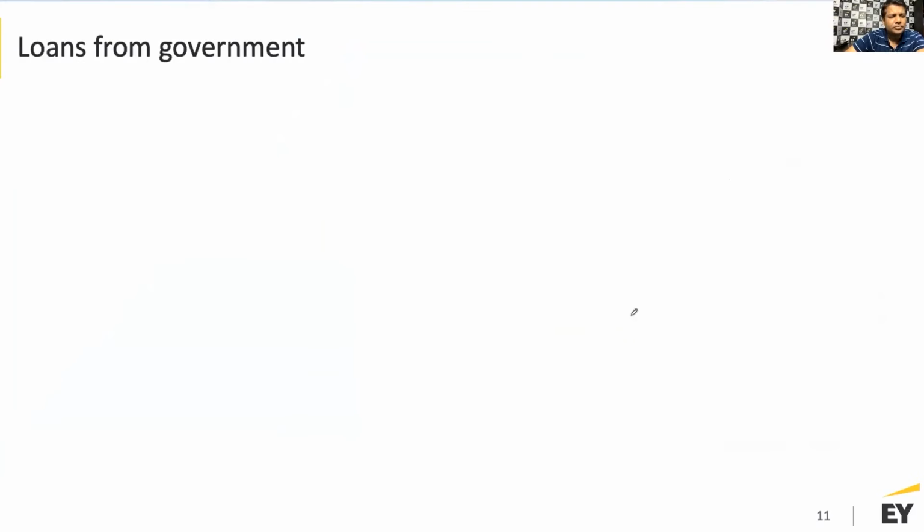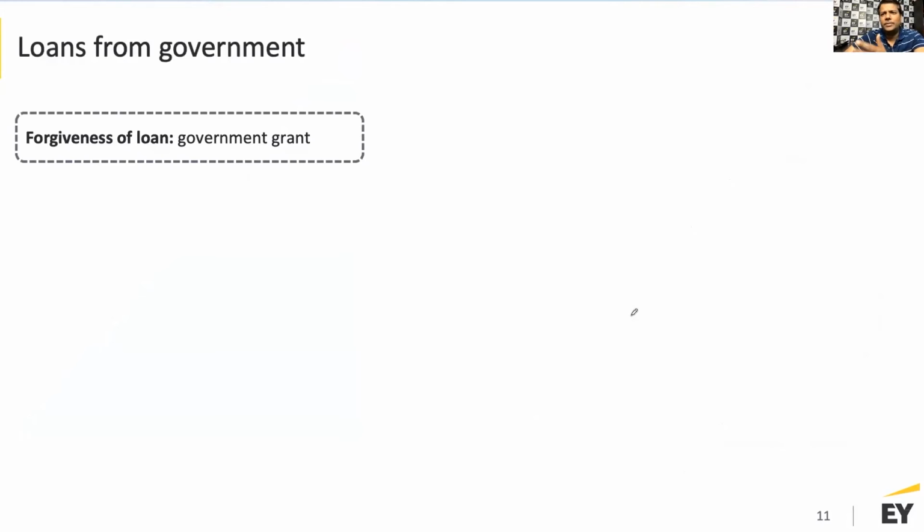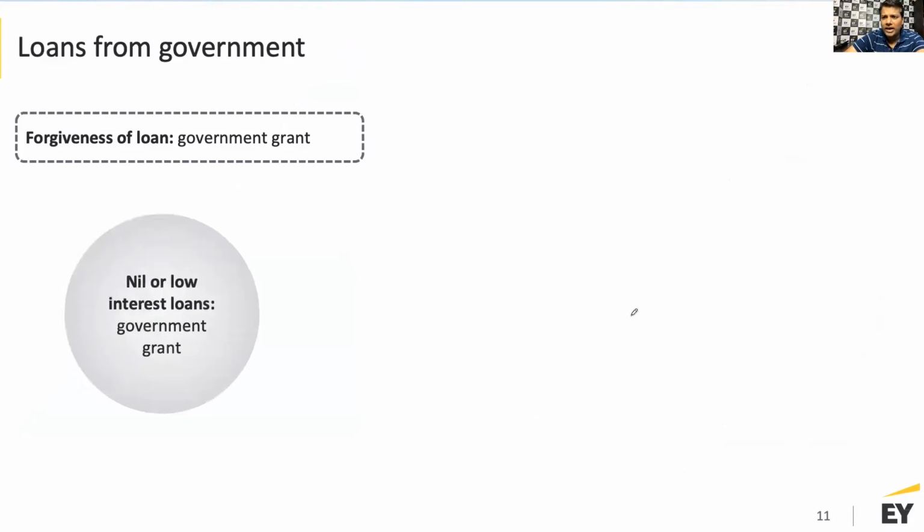All right. So let's move. We've talked about this example on the loans which have been given either at a subsidized rate, or the government many times forgives the loan as well.